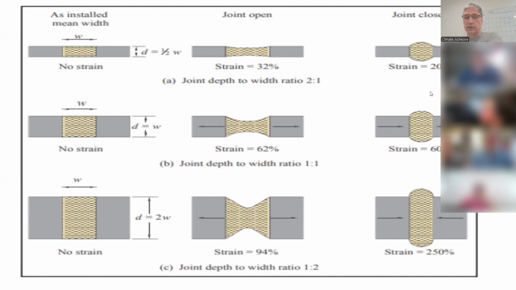Trying to move this thing around so I can see. And then on the third one down, your depth is 2 times your width, sorry, and so your strain in expansion becomes 94%, and your strain in contraction becomes 250%.